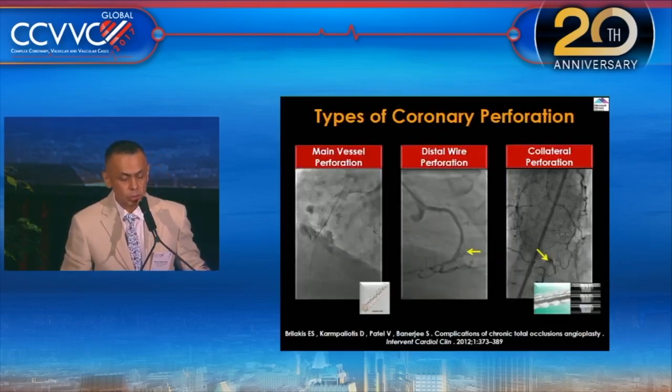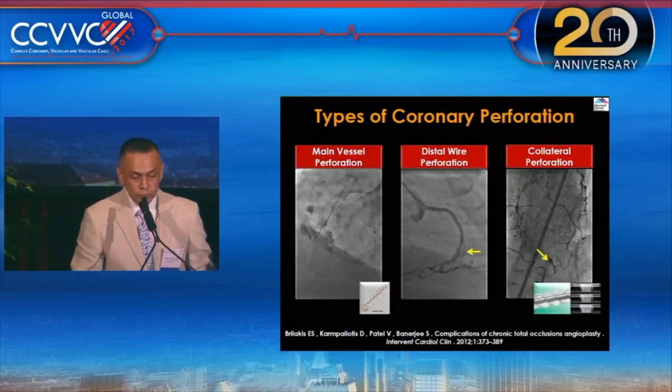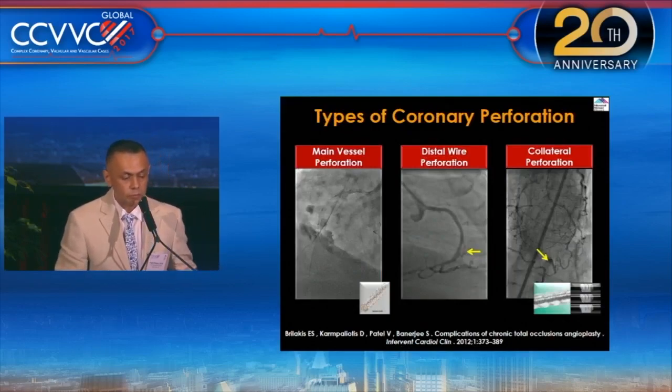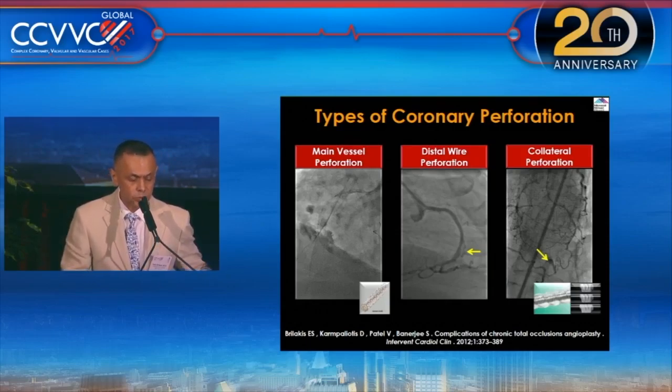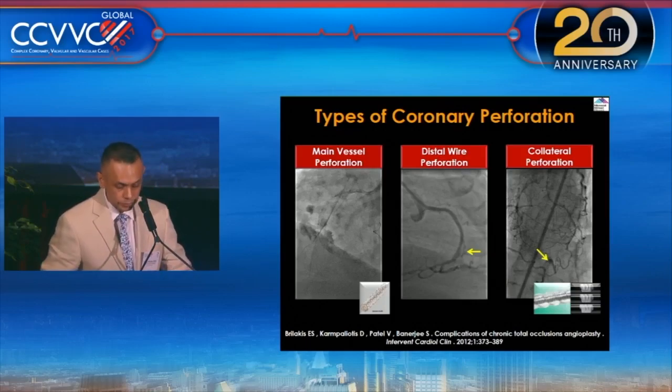When you deal with this type of occlusions, you always have to be aware of and mindful of the complications that these procedures can bring. The biggest one is a perforation. There are three main types: the main vessel perforation, the distal wire, and the collateral perforations.